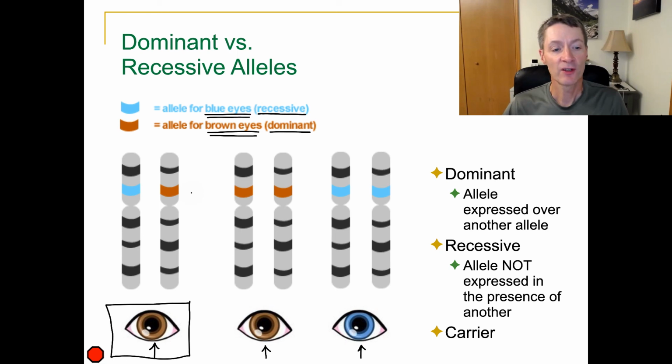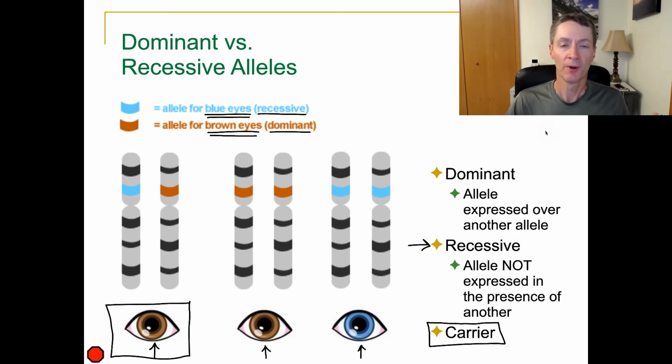We would say that this individual is a carrier. Why? Because they are carrying this recessive allele around with them, and it's not apparent in this case. Now, we talked about a mutation in the case of sickle cell and how that was actually a detrimental thing to have, the sickle cell gene.